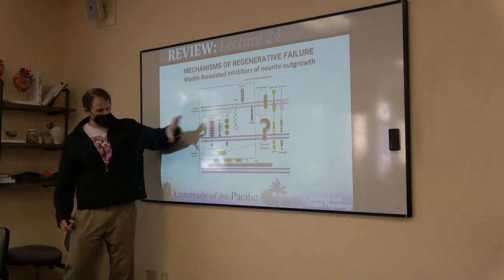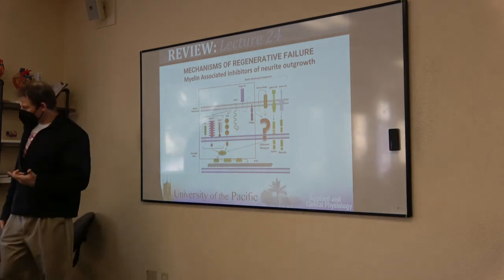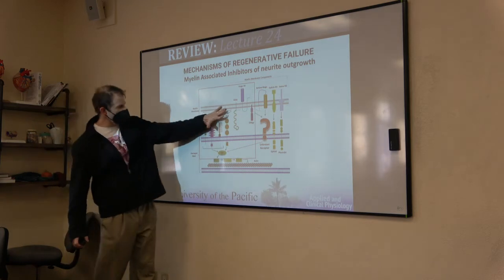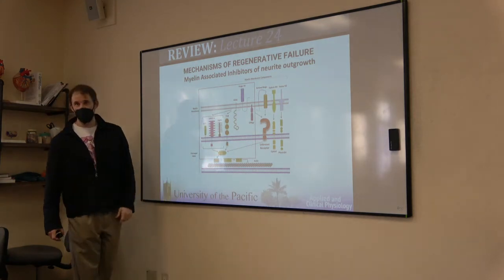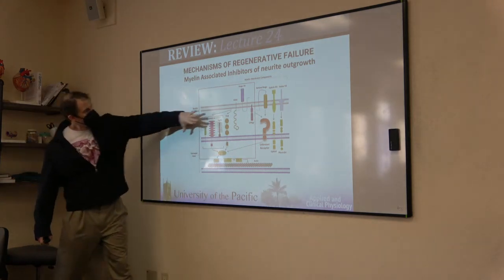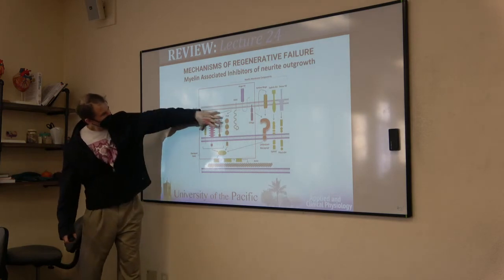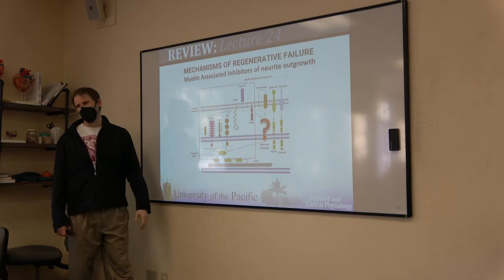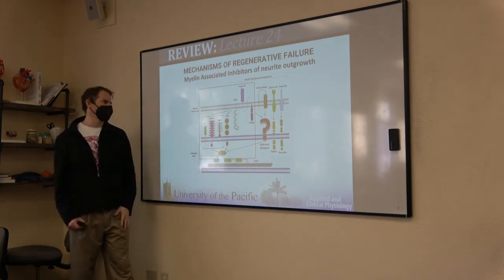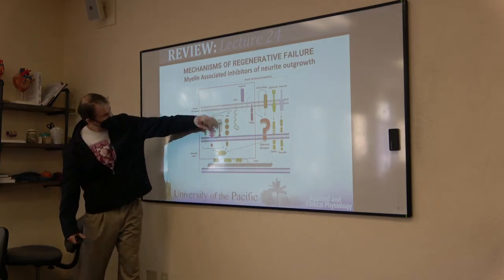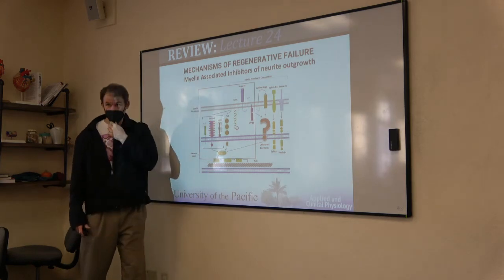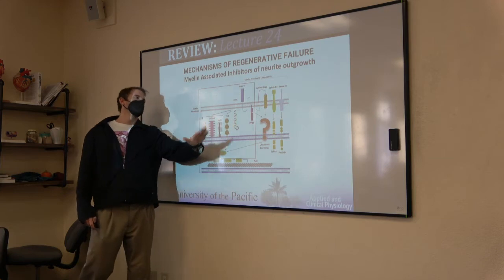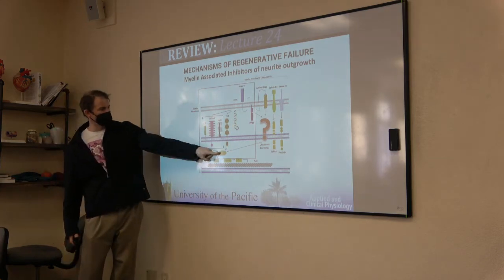You get this complex form, and if you can get it inside, you activate Rho A. So there's two things that need to happen. You need to form this complex of proteins, just like mTOR is a complex, right? There's a bunch of stuff in mTOR, it's a whole complex. You form this complex, but you also have to get it inside. If you just form the complex and you can't transport it, no dice. You're not activating Rho A.